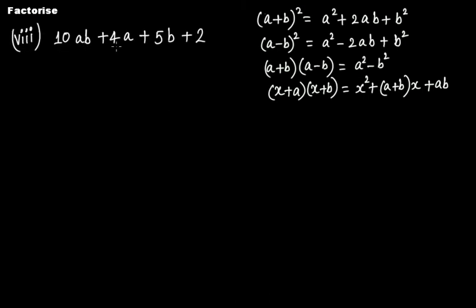Here you have 10ab plus 4a plus 5b plus 2. Okay, how to do this? Very simple. This is 10ab, so take these two terms together and these two terms together. The factorization by the method of regrouping.